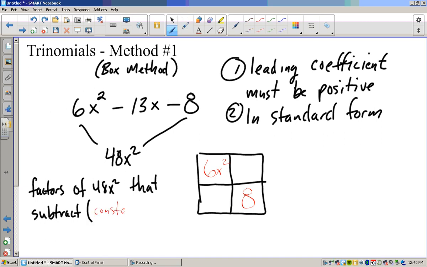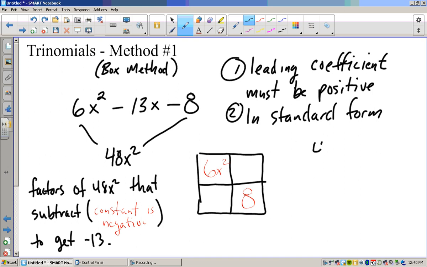It would be addition if your constant was positive. Okay, that's going to be a little close here, so I'm going to write this down here. It's negative. Okay. That subtract to get negative 13.